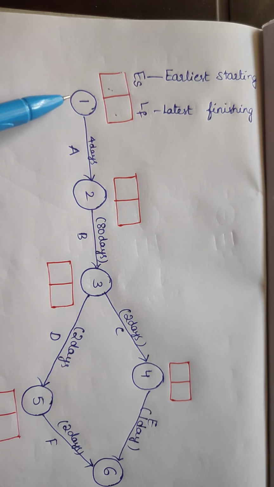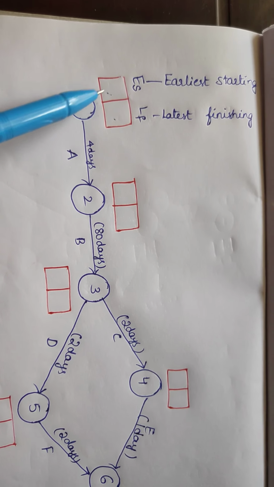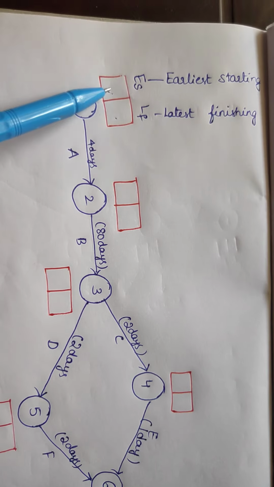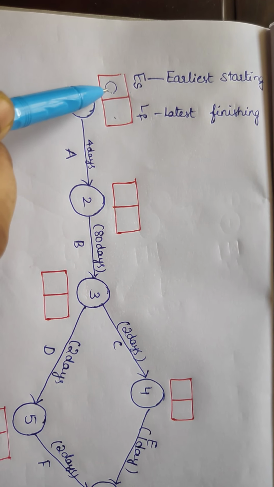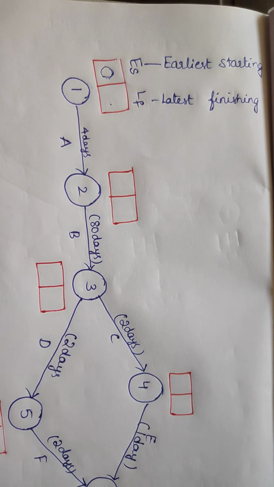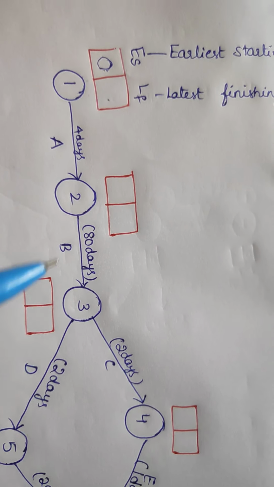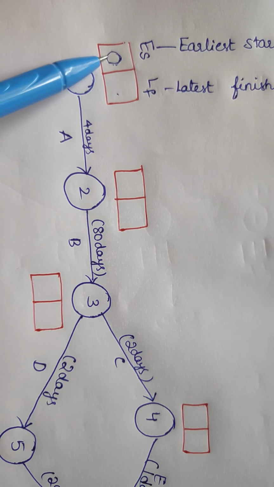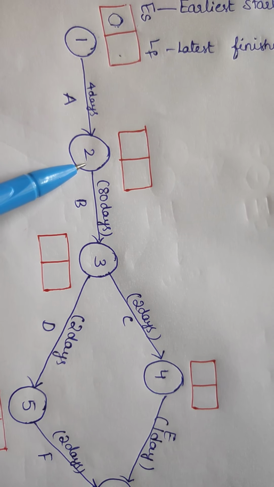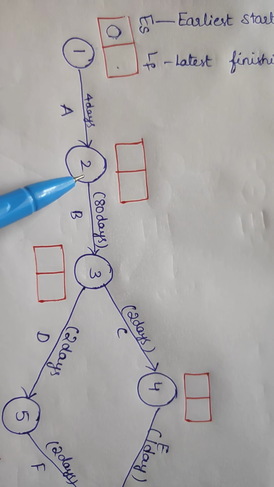In every network, at the first event, the initial value of earliest starting time is always 0.